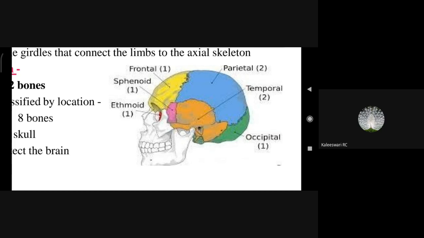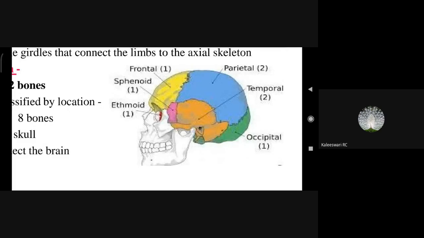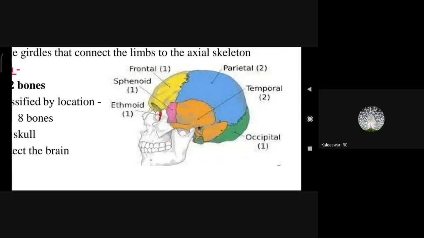Our small brain or hind brain is protected by occipital bone. So frontal bone is 1 in number, sphenoid is 1, ethmoid is 1, occipital is 1. Only parietal and temporal are 2 in number. They are located on both sides of the brain, protecting both hemispheres of the brain.